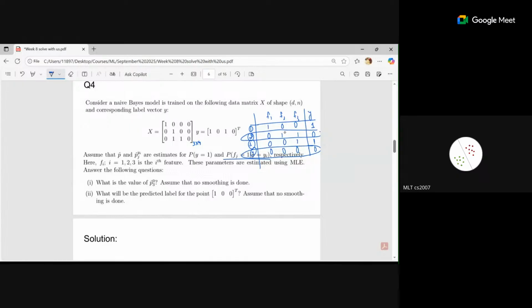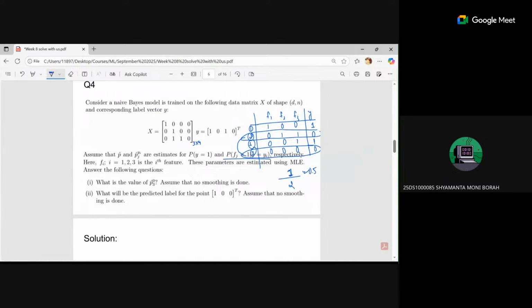Out of all the examples with label 0, which is a total of 2, how many have the feature F3 equal to 1? That is only 1. So the answer is 0.5.